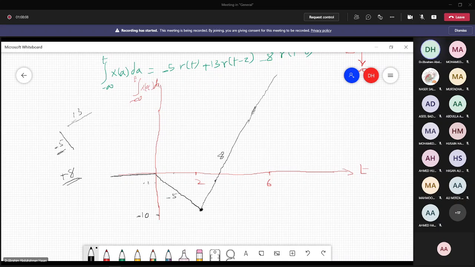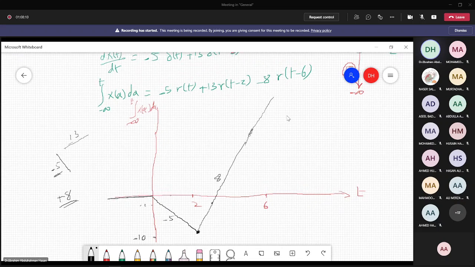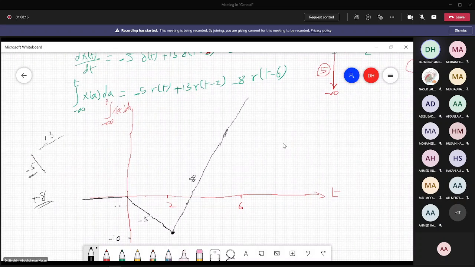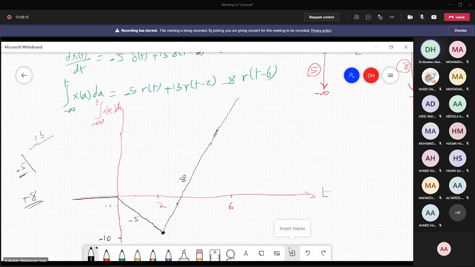Then here I have another ramp with a slope equal to -8, added at 6. So at 6, I have a line with a slope equal to 8 and another line with a slope equal to -8. Then the addition of these two equals 0. Zero slope means a horizontal line. So at 6, which is here, it becomes horizontal like this.